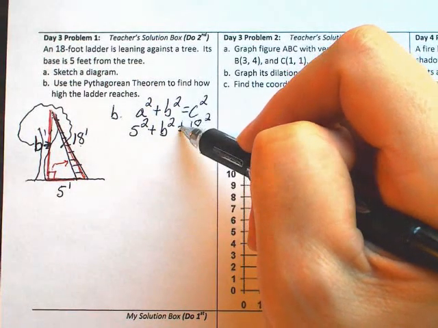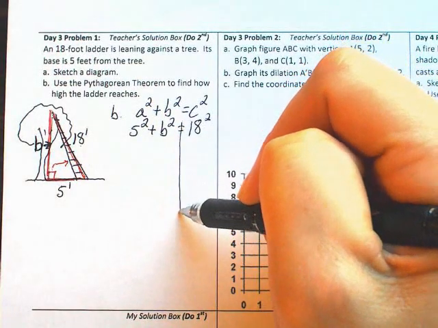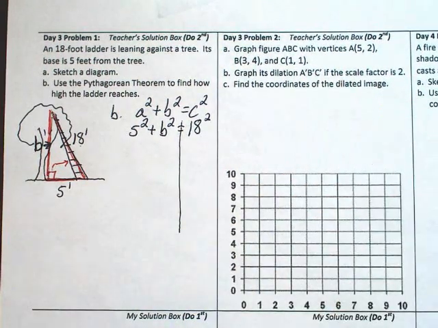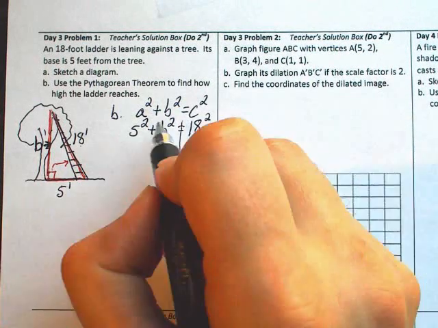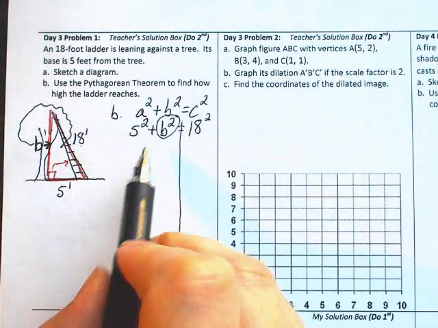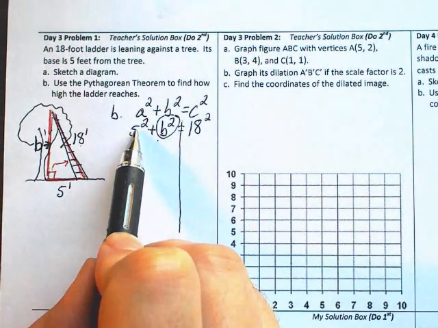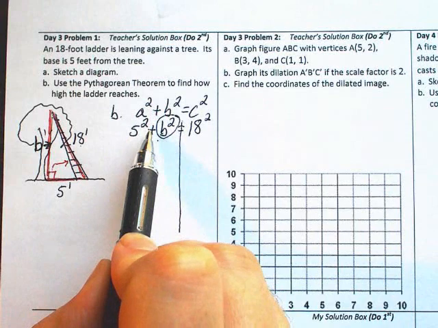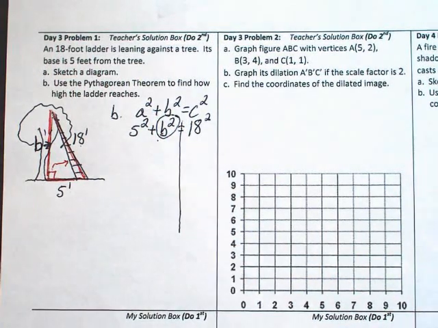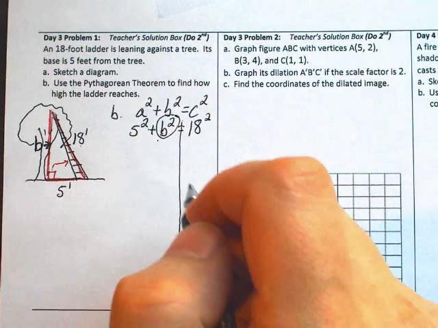Okay. I'm going to draw a line through the equal symbol to keep the left side separate from the right side. And on the left side of the equation, we would like to get the letter b alone. Well, here is the b term. And next to that, there has been a 5 squared, which has been added to the b term. We can remove the 5 squared using subtraction.